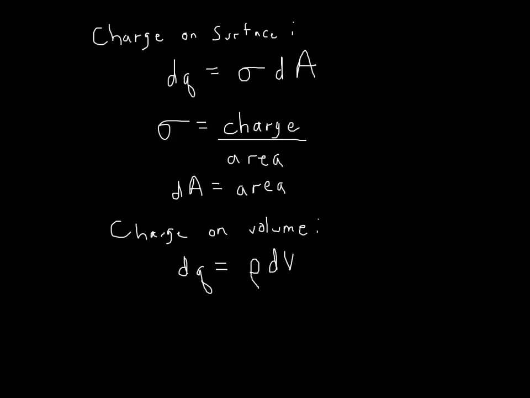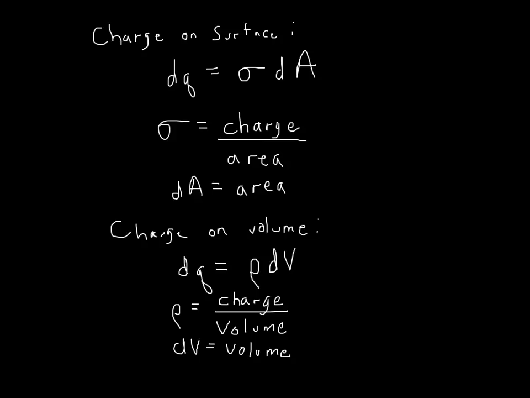And if you're seeing the pattern here, rho is going to be equal to the amount of charge, and how it's spread out, except this time we're talking in 3D, so we're talking about spreading charge throughout a volume, some three-dimensional body. And dV is going to be your little differential piece of a volume.